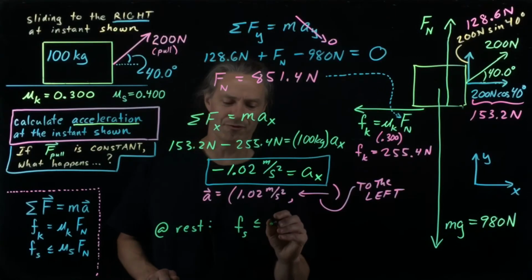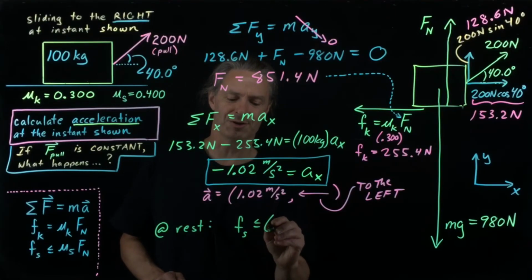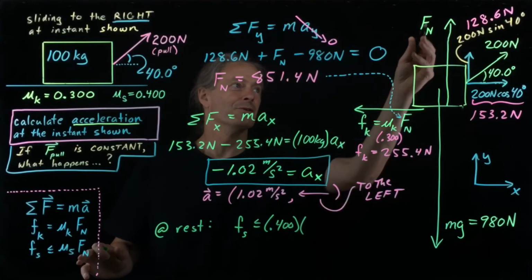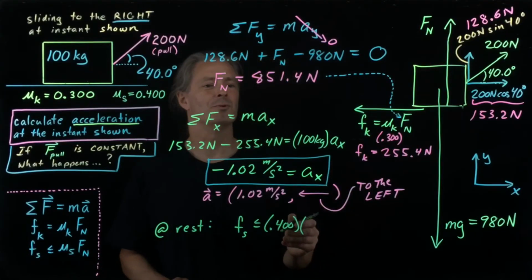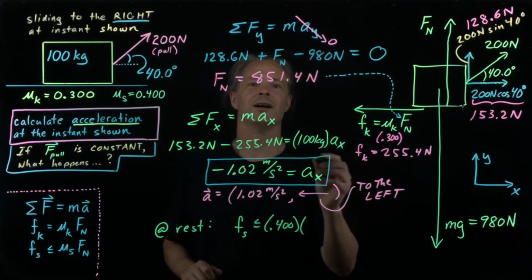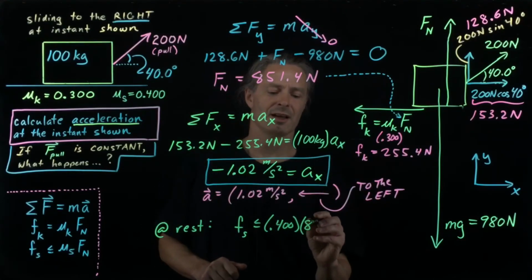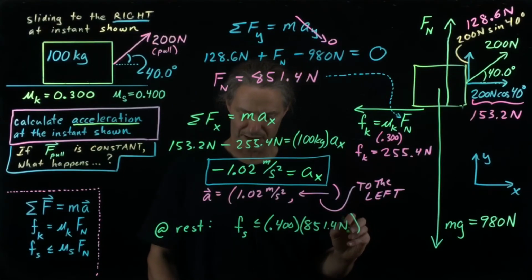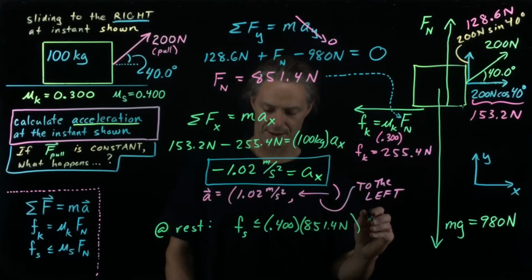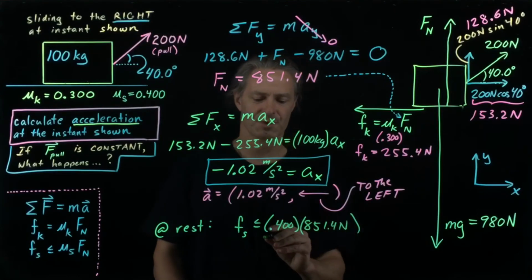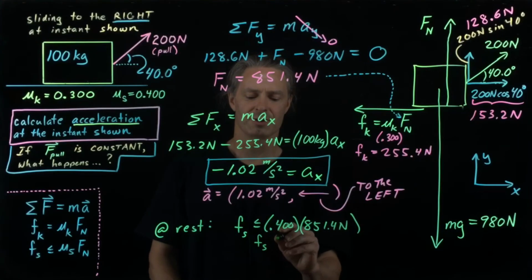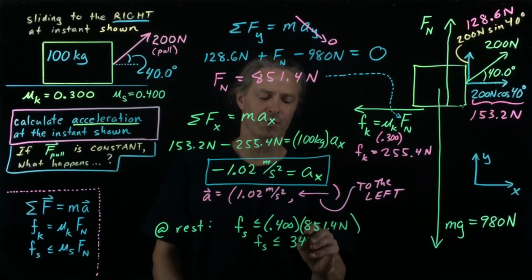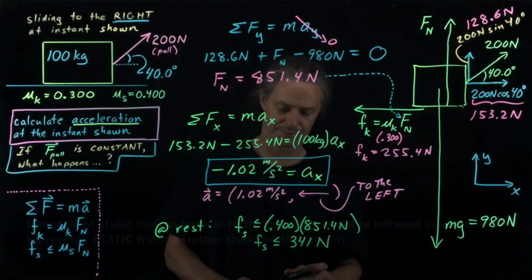So static frictional force will be less than or equal to 0.400 times this normal force magnitude, which we calculated up here as 851.4 newtons. If you multiply that out, you get 341 newtons. So the static frictional force has a magnitude less than or equal to 341 newtons.